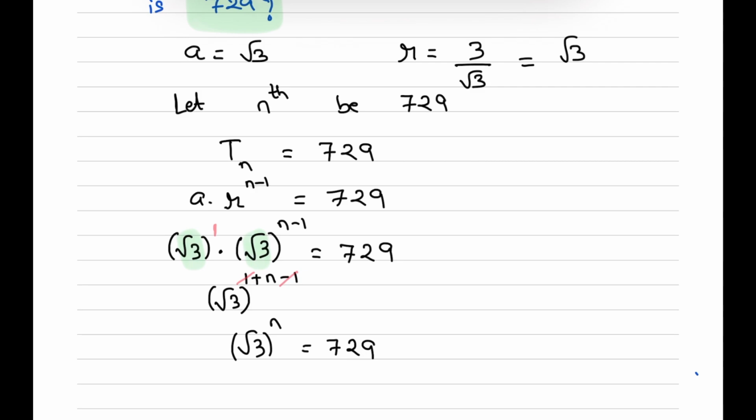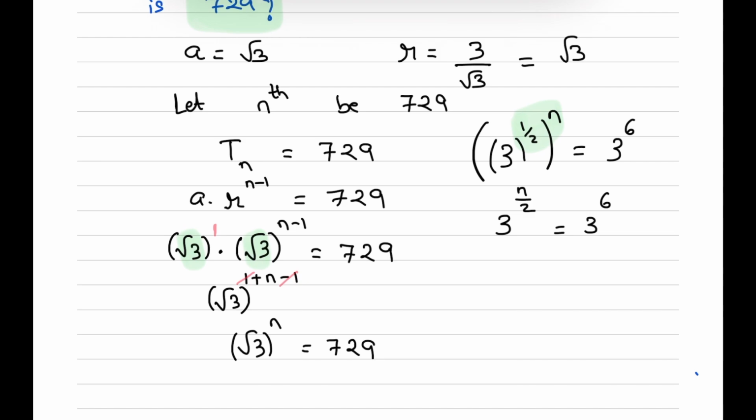Now square root 3 can also be written as 3 to the power half, whole raised to n as it is, and 729 on doing prime factorization is 3 raised to power 6. So now using the formula for a power raised to another power, which is multiplication of two powers, we get 3 raised to n upon 2 equals 3 raised to 6.